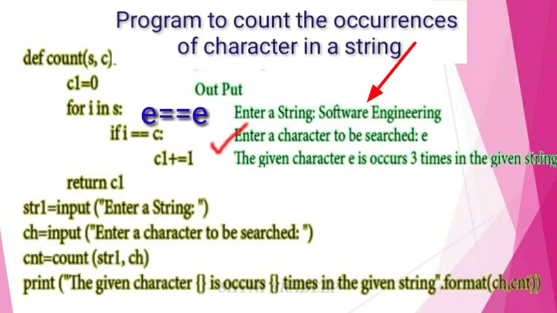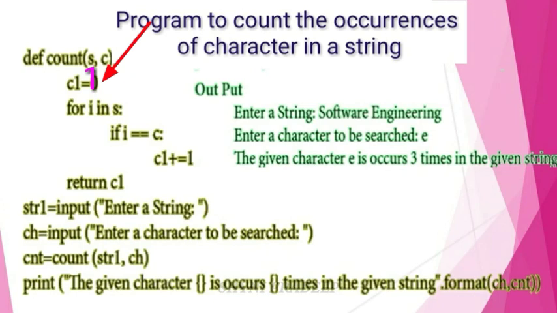So you have to see the next statement, c1 plus equal to 1, which means c1 is equal to c1 plus 1. c1 initial value is what? 0. So 0 plus 1, 1. So c1 becomes 1. Okay, so return that c1 value.